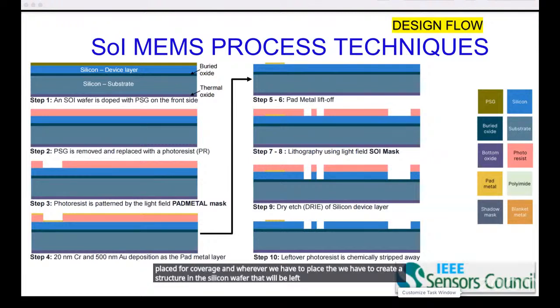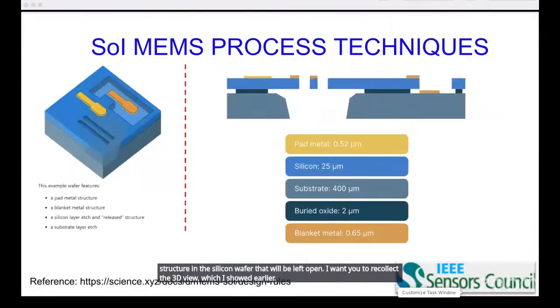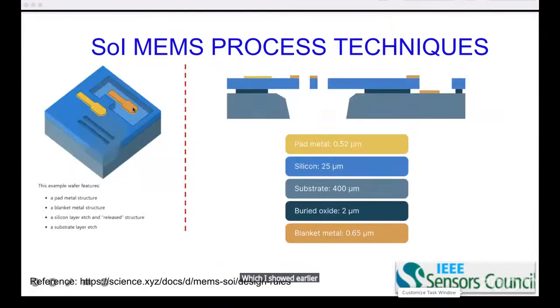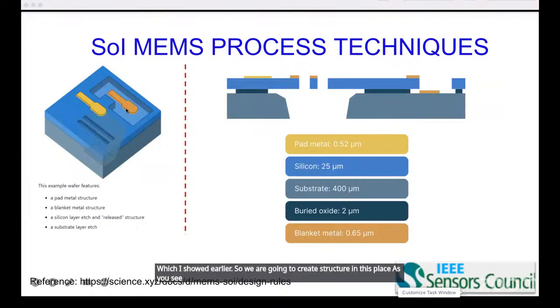I want you to recollect the 3D view, which I showed earlier. We are going to create structure in this place. As you see here, in this place there is an etching in the silicon. That is the blue color. The first one, wherever we have to deposit the yellow, is pad metal.